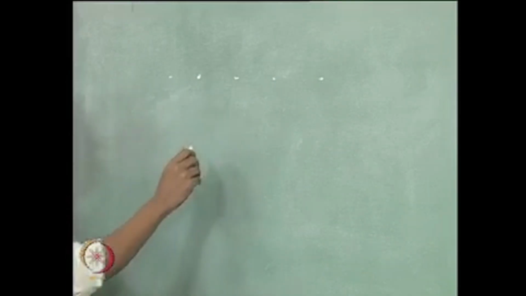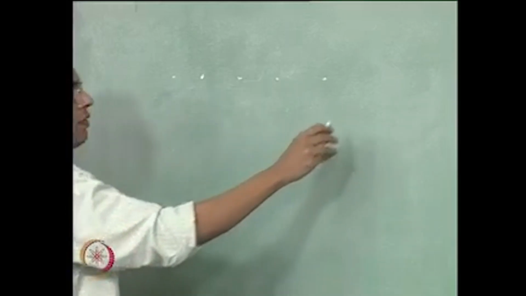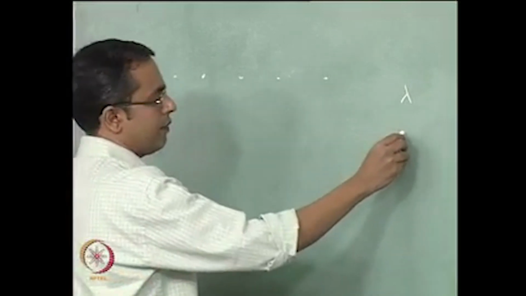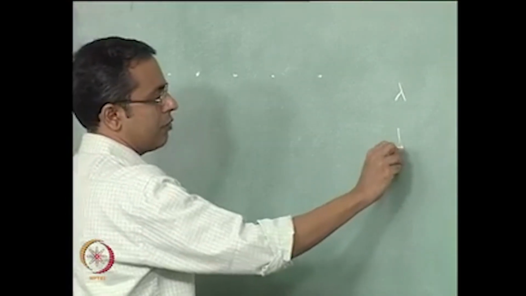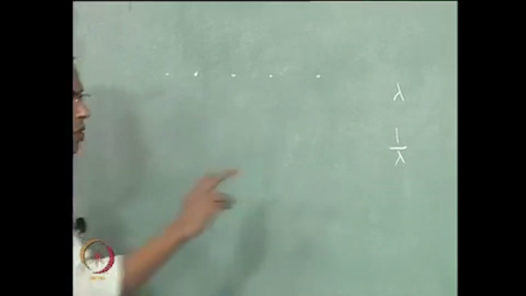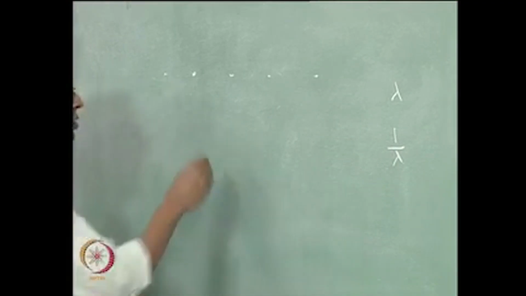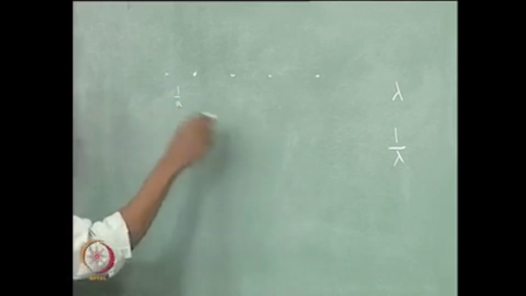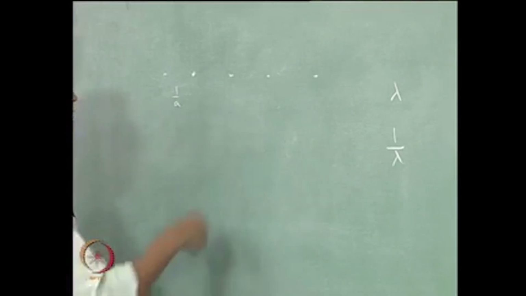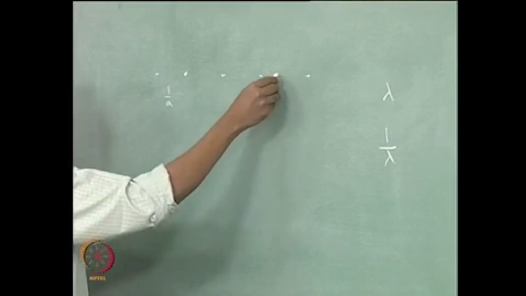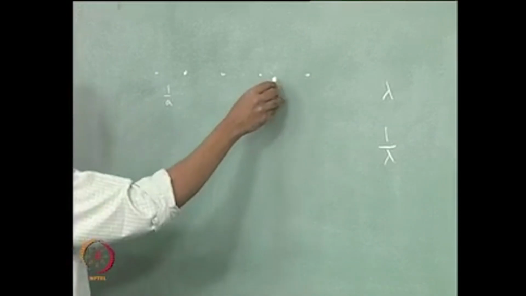On the same scale, we will look at whatever is our radiation we are interested in, or waves, they are at lambda. So we will look at 1 by lambda, for example. It will not actually be 1 by lambda, but to avoid confusion, we will assume that this is 1 by a and that is 1 by lambda. If you assume that is the case, then now they are drawn to the same scale, they are the same units, so to speak.